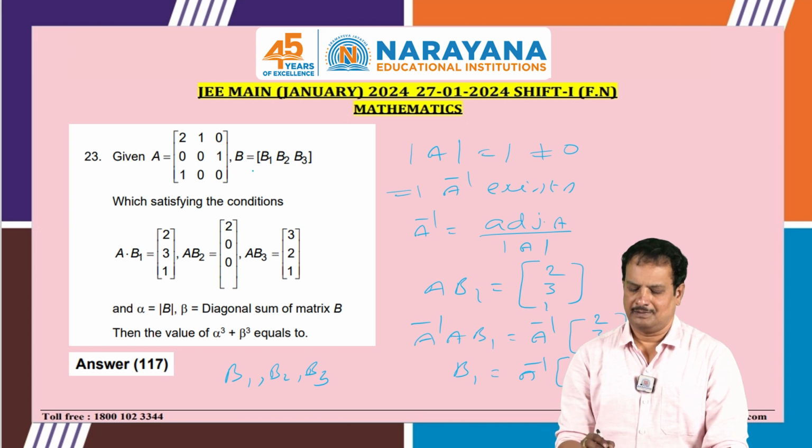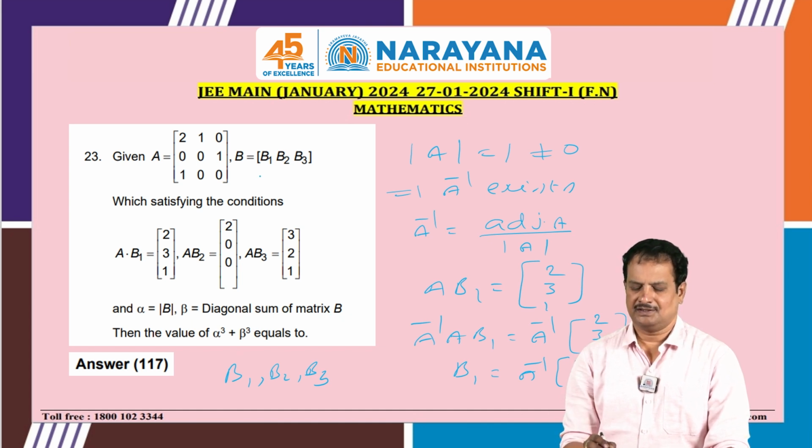Once you get the three columns of the matrix B, you can find out the determinant of B and even the trace, the sum of the diagonal elements of the matrix B. So you can calculate both alpha and beta.